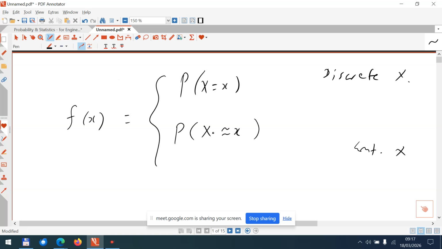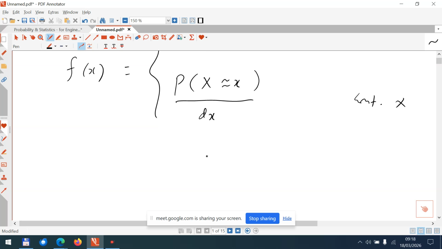Nearly equal to x means that I'm avoiding 0, and I'll divide this by dx. This will be my crude way of talking about the distribution. So now I want to know what the CDF is. The CDF I know for discrete is simply the sum.